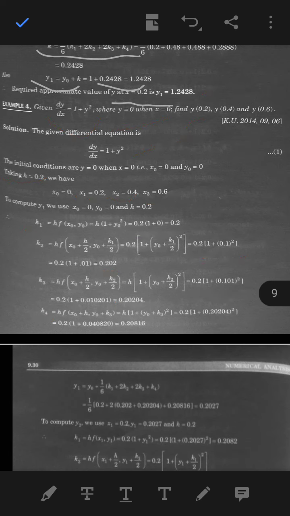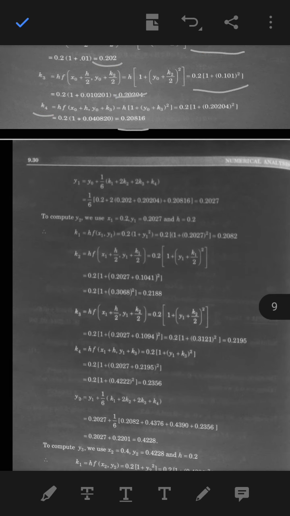So we have found k1, k2, k3, k4, and the value of y1 will be equal to y naught plus 1 by 6 k1 plus 2 k2 plus 2 k3 plus k4. So this is the value of y1, that is the value corresponding to x is equal to 0.2.